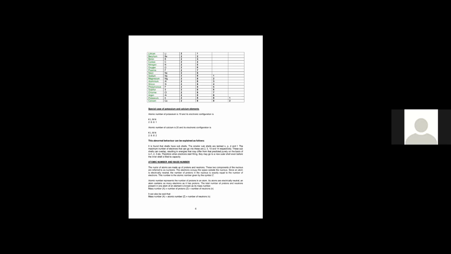The example I gave you for hydrogen: I said hydrogen has 1 proton and 1 electron, but it doesn't have a neutron.